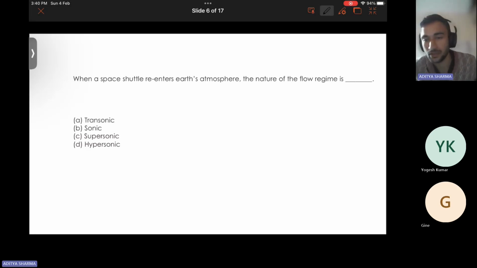So even when the space shuttle re-enters the atmosphere, we have heard that the gases in front of the space aircraft, the heat is of such magnitude that even the gases start to ionize.